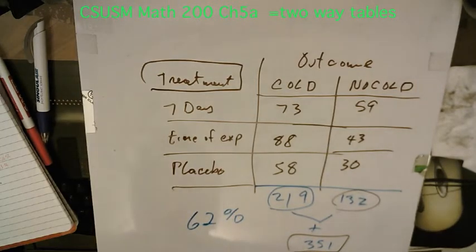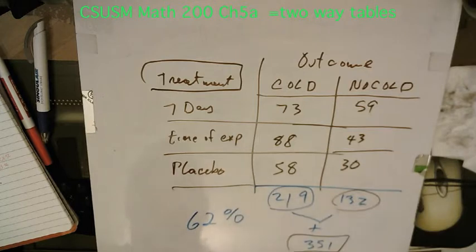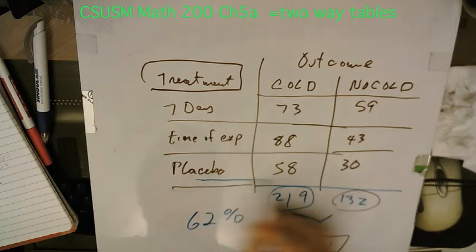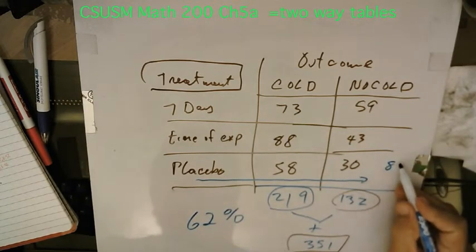In number 13, they're talking about the group that was given a placebo, and they want to know the percent with a cold, given the fact that they were given a placebo. So we're going to say, given that they were given a placebo, we're going to add that across, and our total for that row is 88.